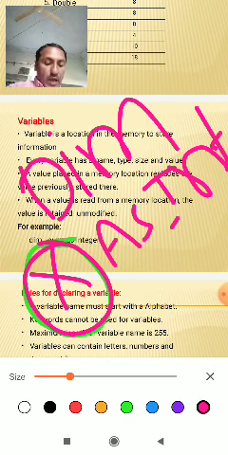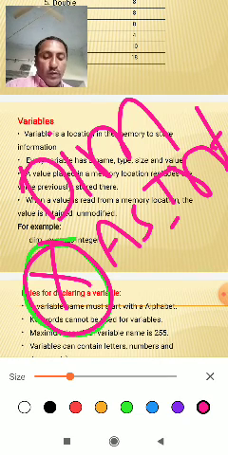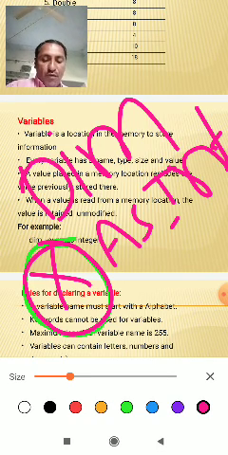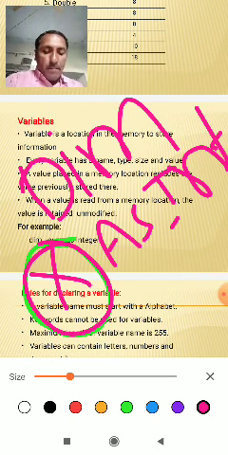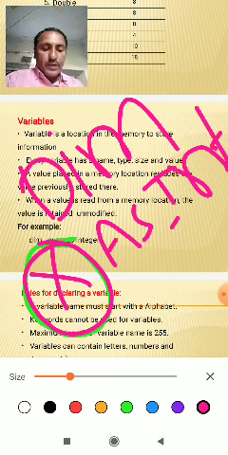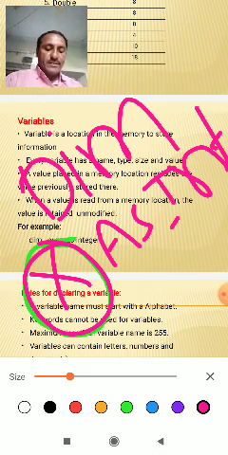Dim, you can write down dimensions. It's a statement that tells Visual Basic the type of information you plan to store, in this case an integer number.